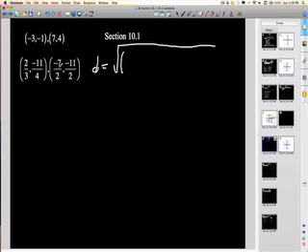So I want the difference between my x coordinates, so I'll have -7/2 minus 2/3 squared, plus the difference between my y coordinates, so -11/2 minus -11/4 squared.